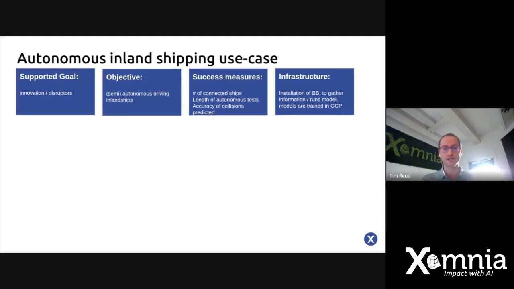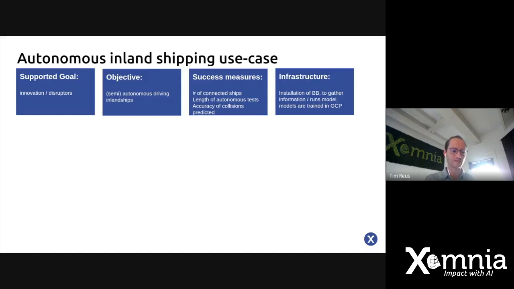For the measurement of success, we have defined quite a few. The first one is the number of connected ships. For this, we need to install a black box, so to say, which collects all the data and then sends that over to the cloud. Well, this black box needs to be installed, so that is one of the measurements of success. Another one is the accuracy of our predictions.